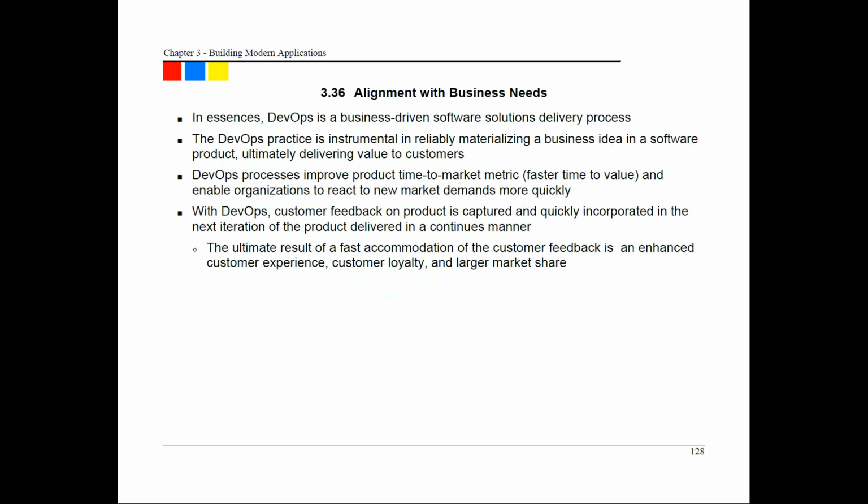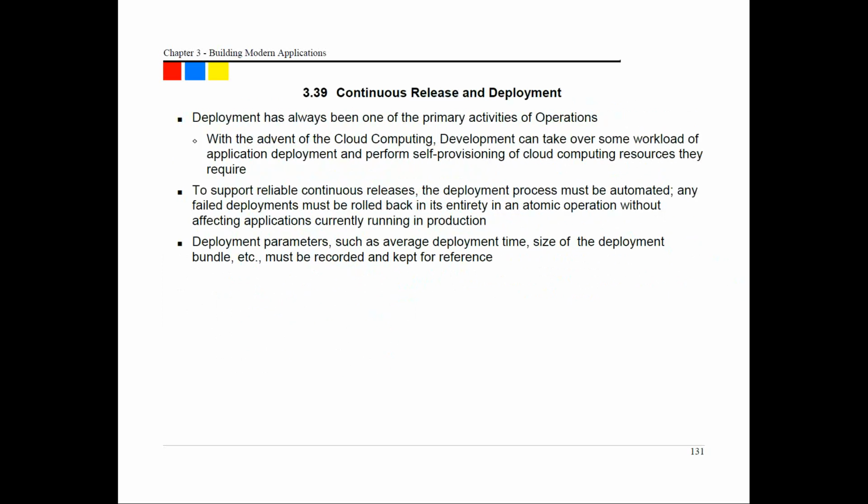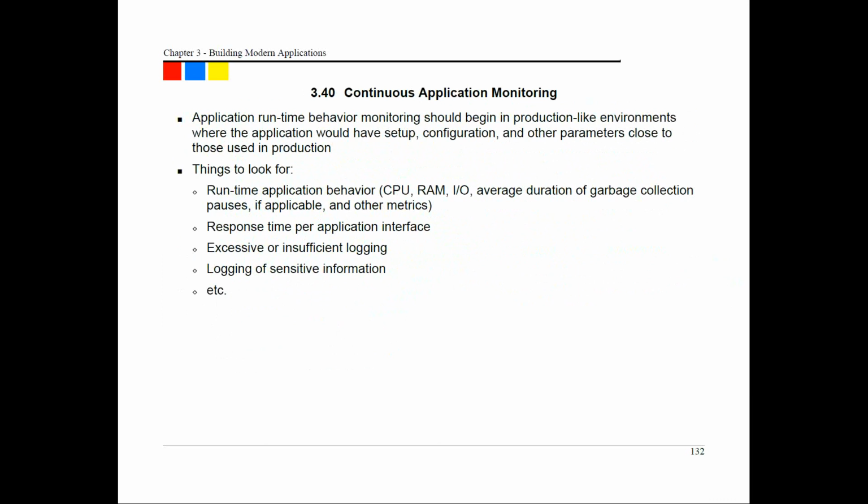I'm going to do a quick skim and try to point out anything that you should see. Collaborative development, continuous integration testing is critical. Continuous release and deployment is critical, and continuous application monitoring. This is the idea that it's hard to simulate applications in a complex deployment environment.